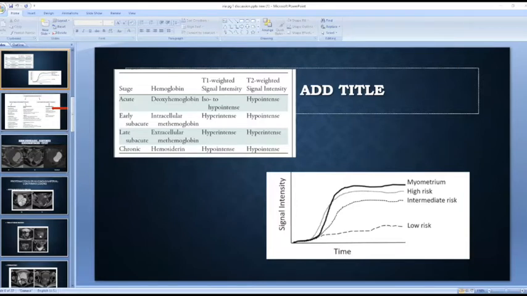Soumya, can you help her? Soumya, are you online? Yes. I think what she can do is click on the slideshow mode and start from the beginning. Yeah, that will be better.